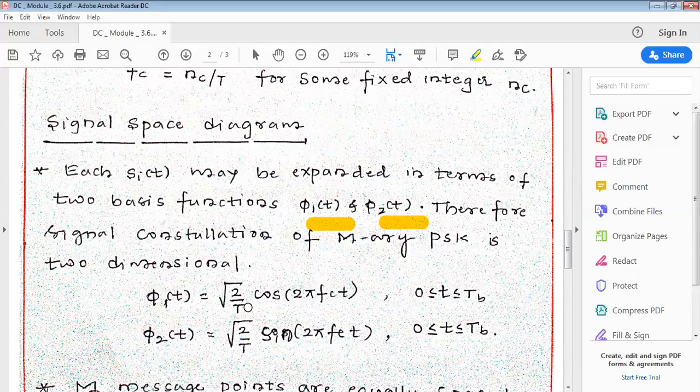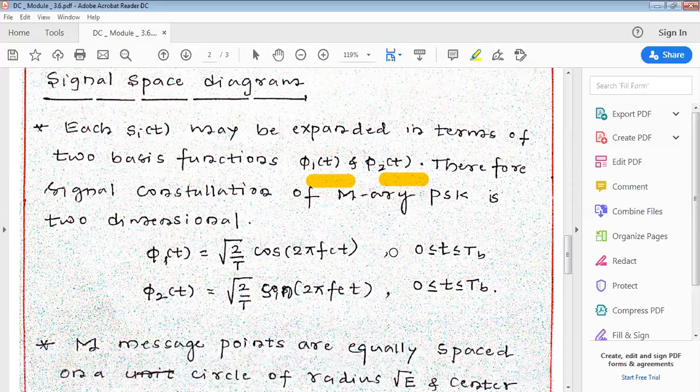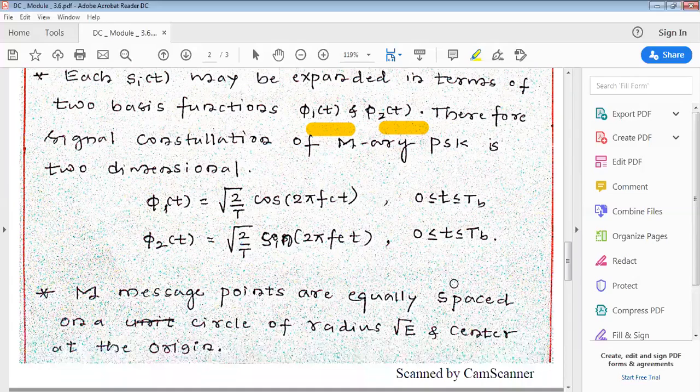So phi 1 of t is given by square root of 2 by T cos 2 pi fc t, and phi 2 of t is square root of 2 by T sin 2 pi fc t. So there is a 90-degree phase shift you can observe between these two basis functions, and both the waveforms are defined over the duration 0 to Tb, where Tb is the bit duration, right?